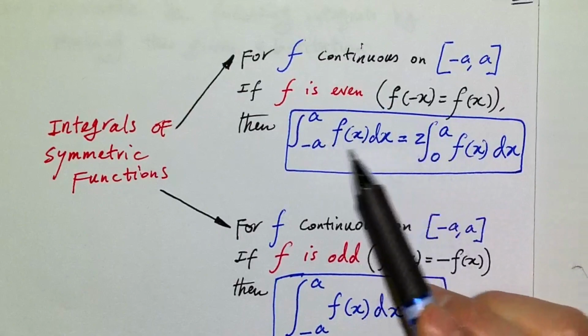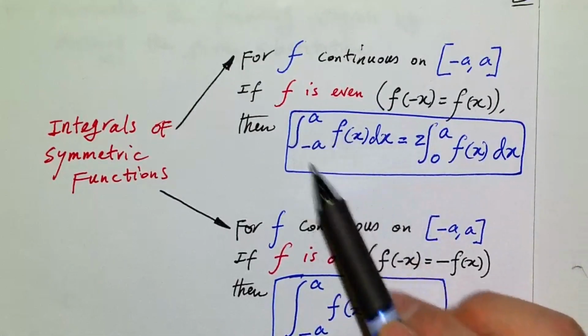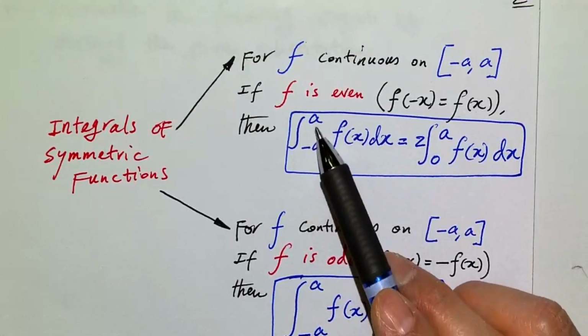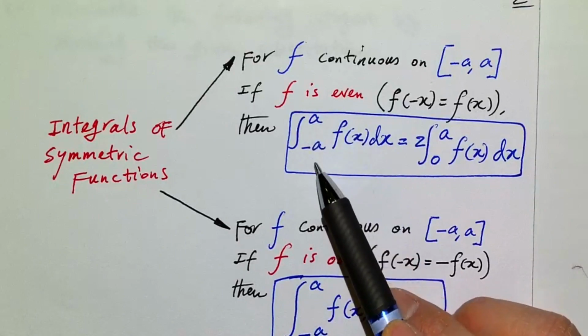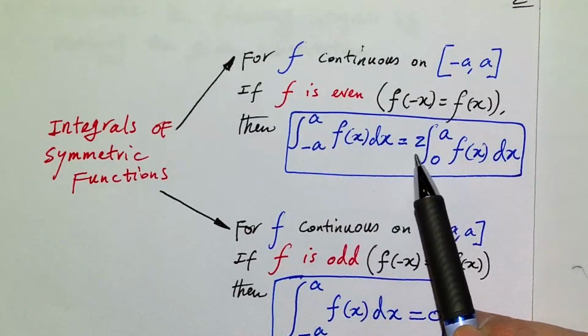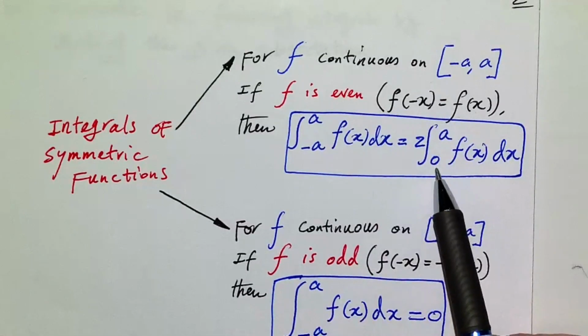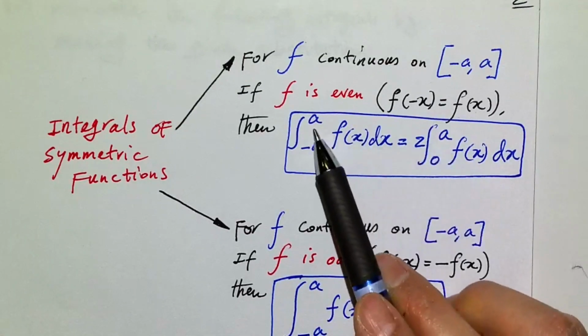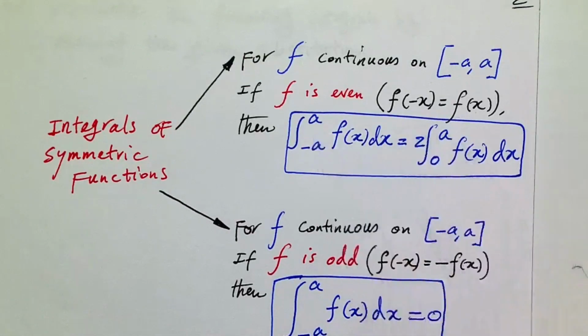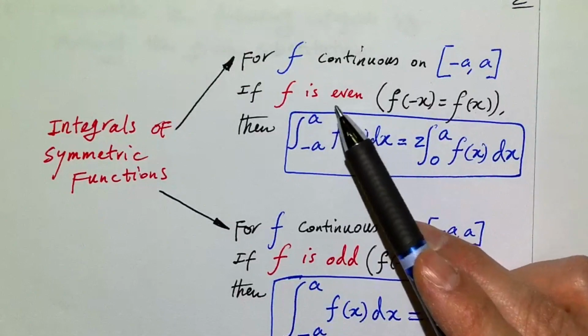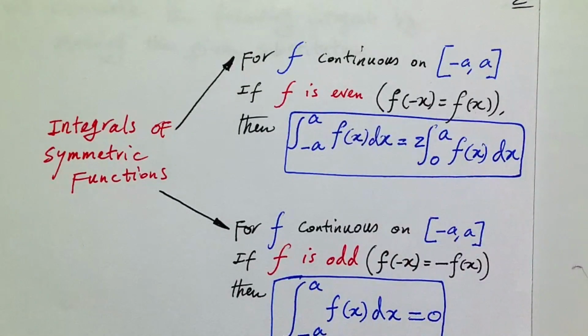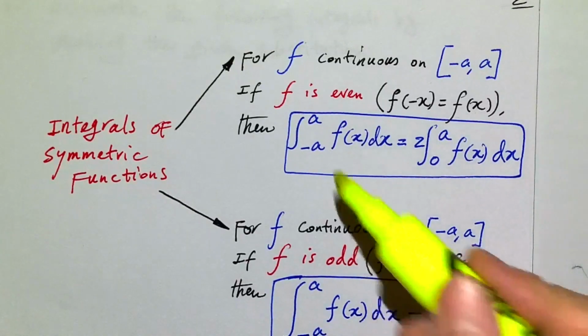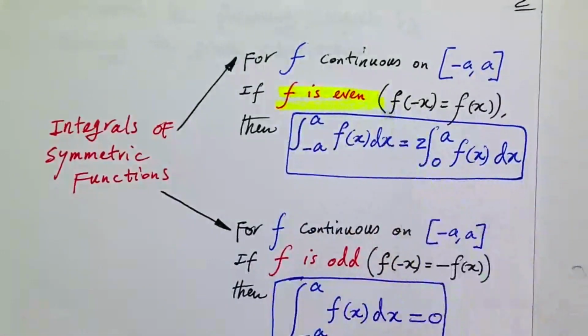So we can make that switch from this type of integral to one that is twice an integral such that the lower limit is 0 and the upper limit is the upper limit of the original integral. So that's when f of x is even. Just remember that.